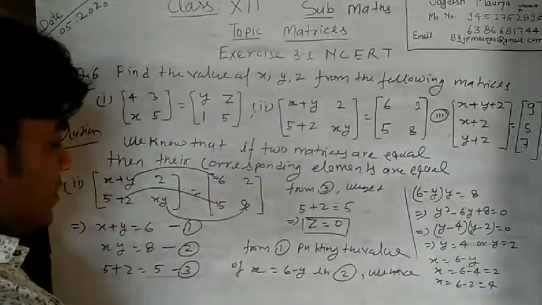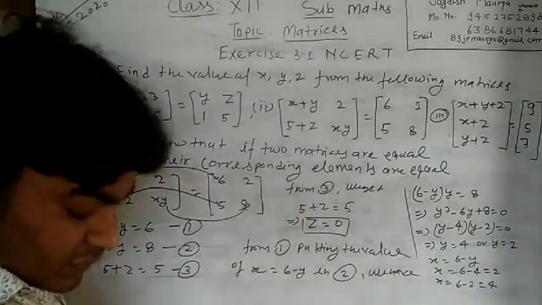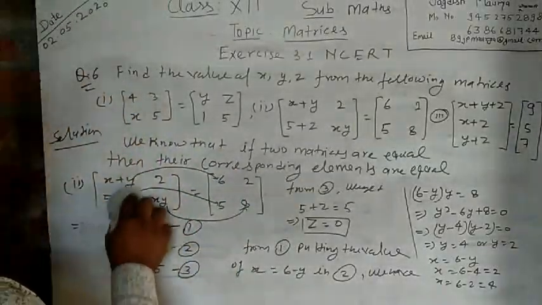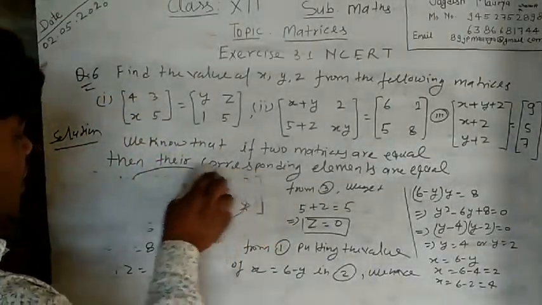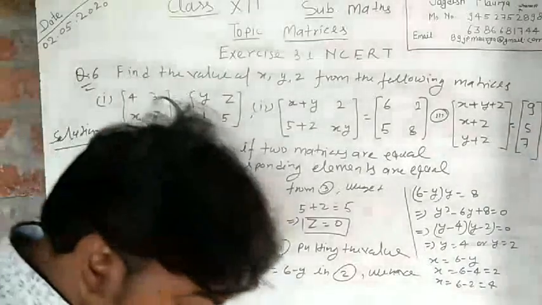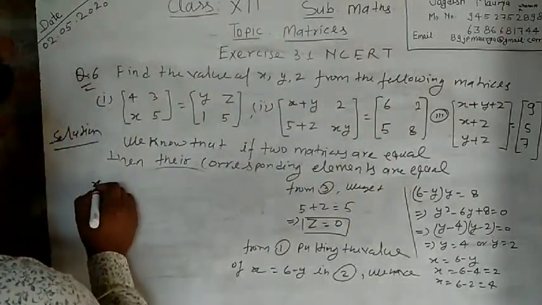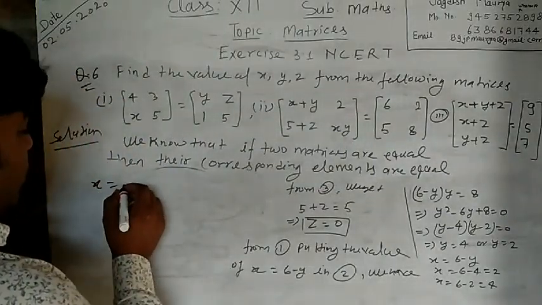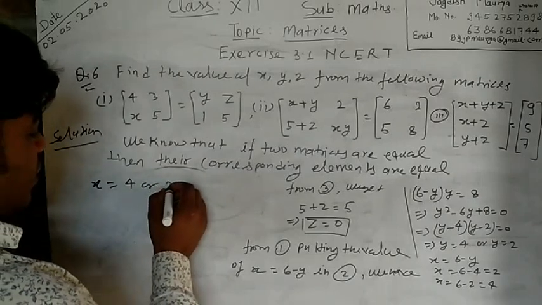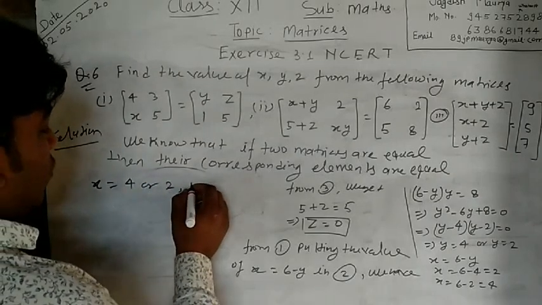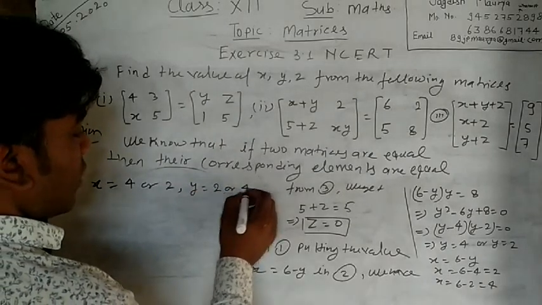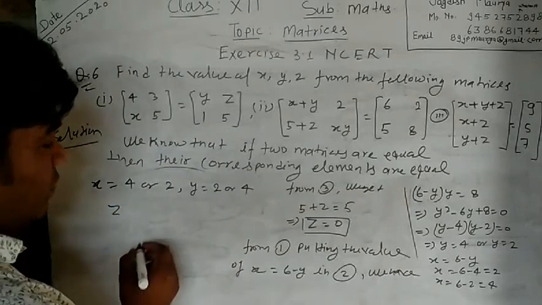Hence the answer is x equal to 4 or 2, y equal to 2 or 4, and z equal to 0.